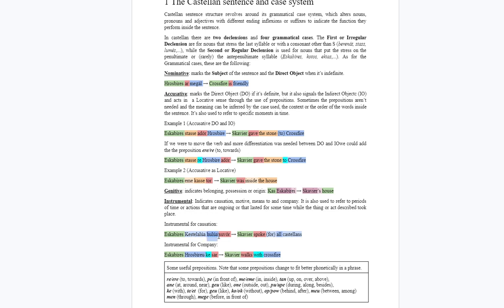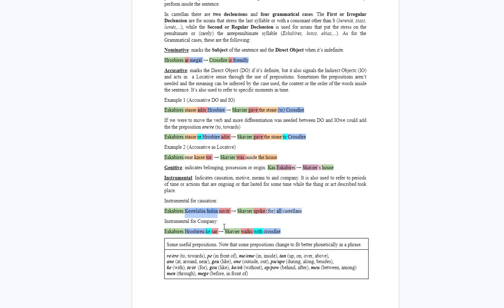So if some word or some adjective is complementing or is linked to another noun, and the noun changes grammatical case, that complementary word or that adjective will change as well with its respective form for that same case. So that is very important to remember, because they're basically serving the same function in the sentence. They are the motive, all the Castellans, which is the motive for Scaver to speak, all the Castellans.